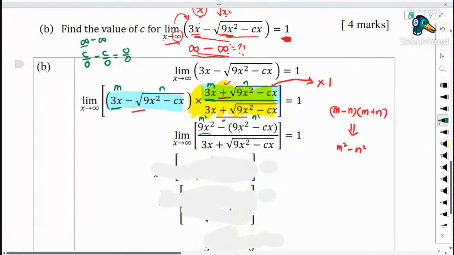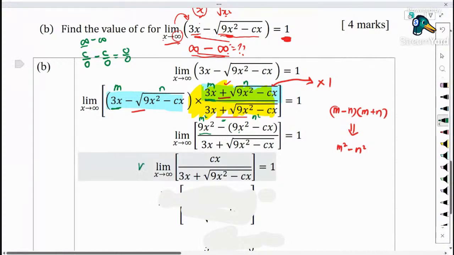So you're actually doing a similar thing like here, and let us proceed with the calculation so that we have a better idea. So 9x squared minus 9x squared minus cx, what I happen to have for my result here after I do this calculation is that I have limit x approaching infinity of cx over 3x plus square root of 9x squared minus cx equal to 1.